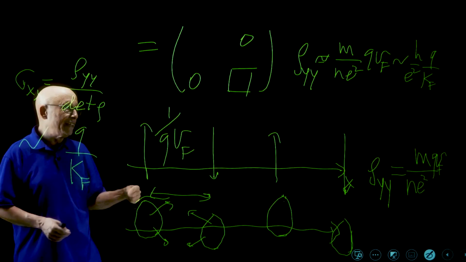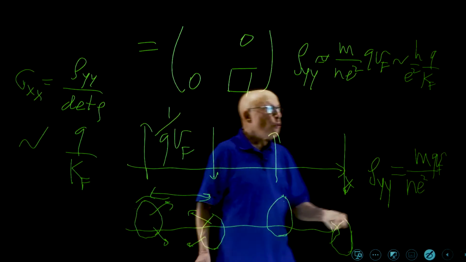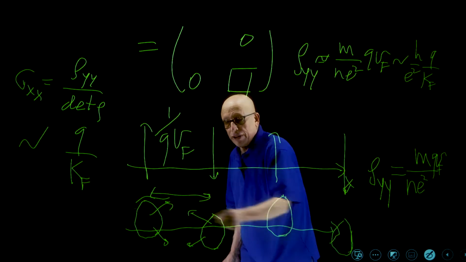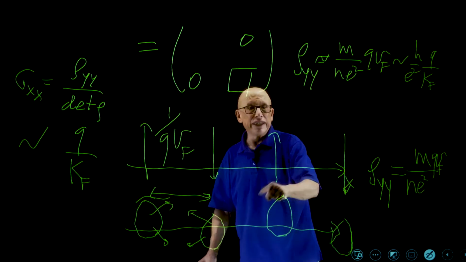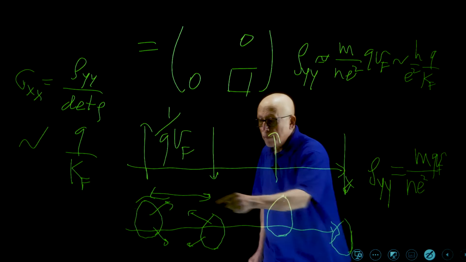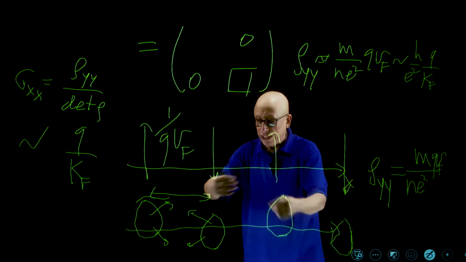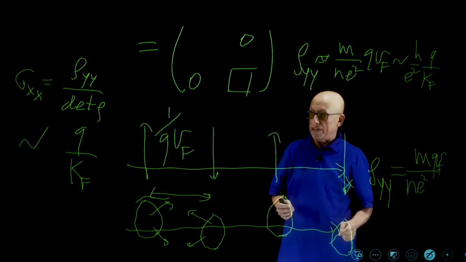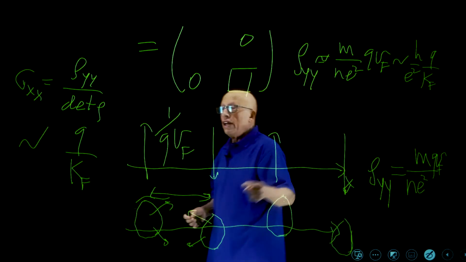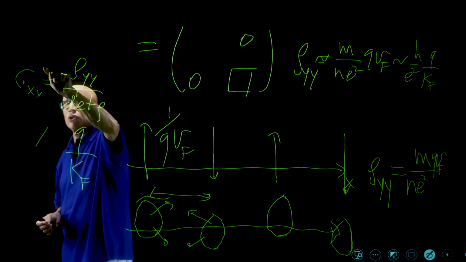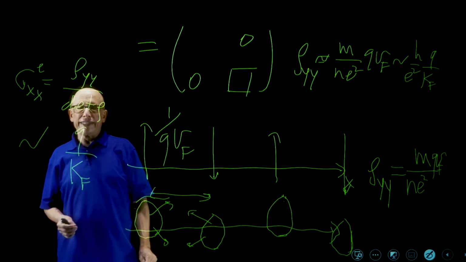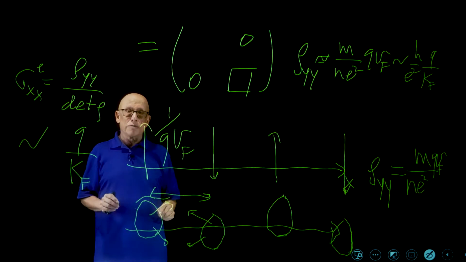So this linearity in q, which came out of the fact that we had a Fermi surface here, this linearity in q that came out of this mixing of the currents that comes out of the Fermi surface, translates all the way to the electronic sigma xx, which is measurable in experiment.